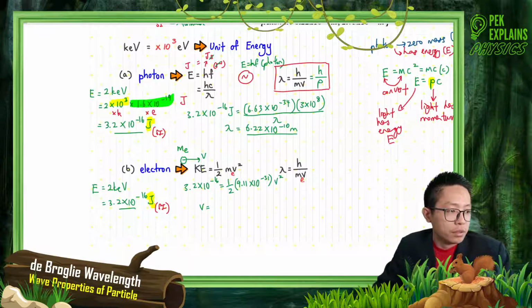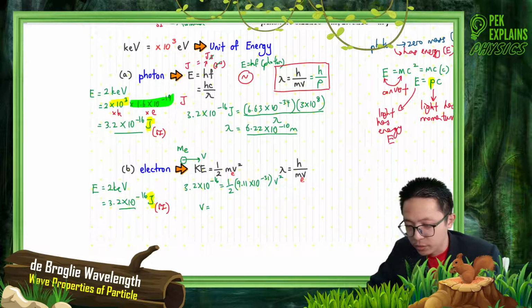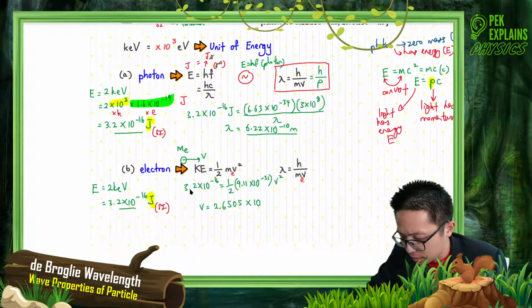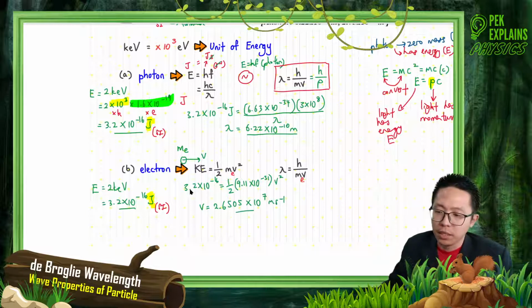All right, so the velocity I get is 2.6505 exponent 7 meter per second. Okay, this is the speed.